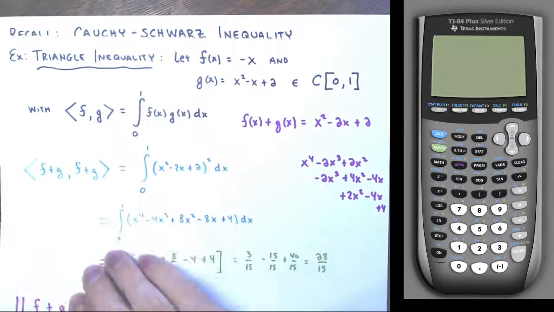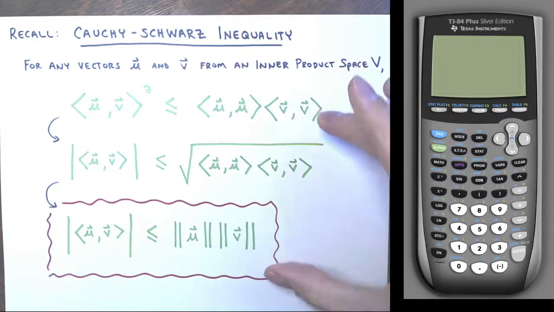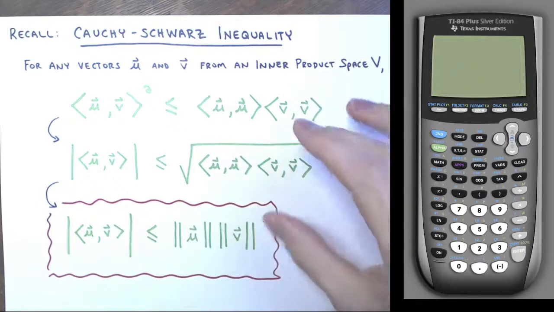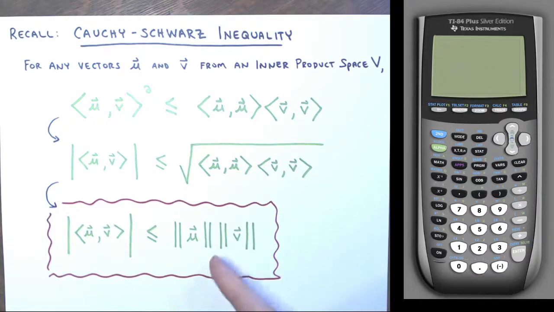You'll see that the absolute value of that number will be less than or equal to the norm of f times the norm of g, which were about 0.577 and about 1.836 or 1.835. You can verify that for yourself if you wish, but this is big, right? This is a nice big result involving norms. Same statement as I had earlier, but now involving this norm symbol.